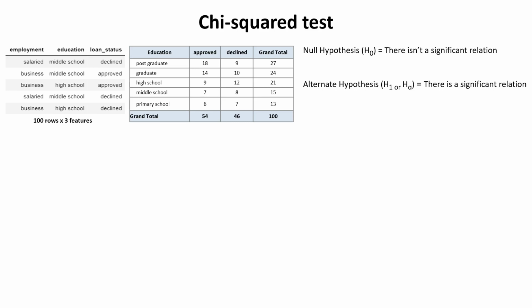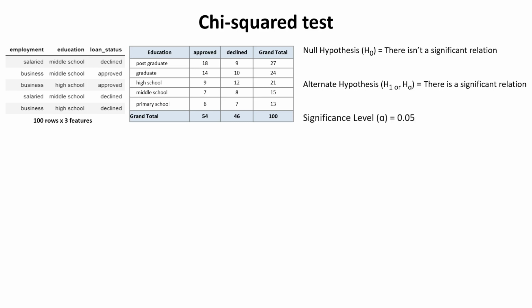If you observe, a word which is coming again and again is significant. What is this significant? You can just consider it a number which we have to specify: if anything comes greater than this, then we will go ahead with the alternate hypothesis, or if less than this, we will go with the null hypothesis. We can consider that it's a condition, right?